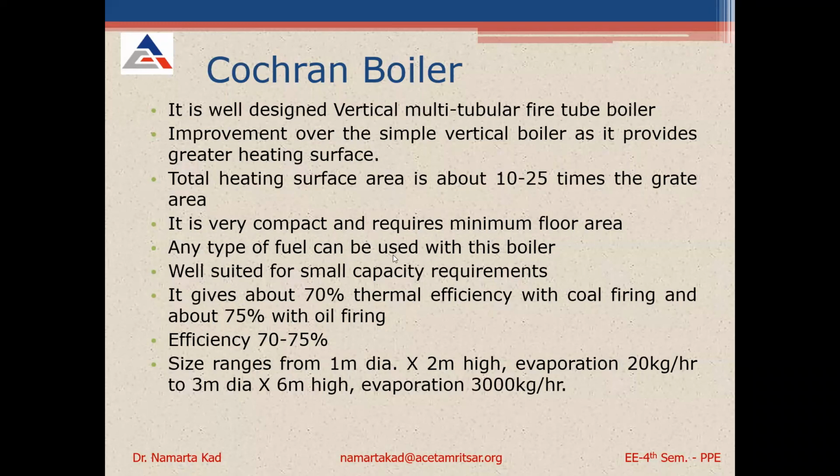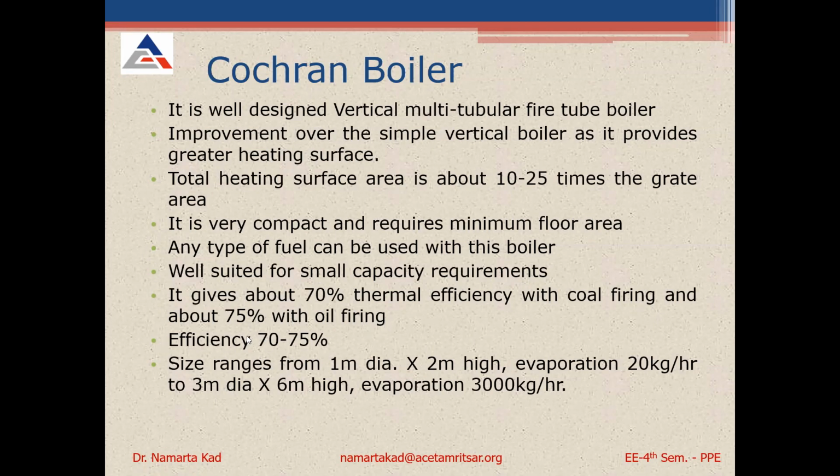Any type of fuel can be used with this boiler, but generally it is used in thermal power plants with coal. Well suited for small capacity requirements. It gives about 70% thermal efficiency with coal firing and about 75% with oil firing.